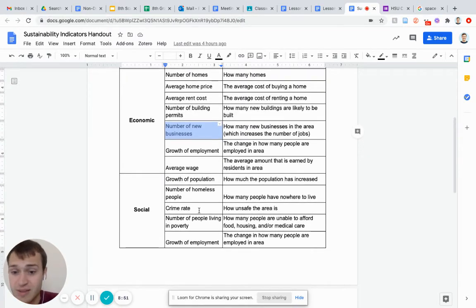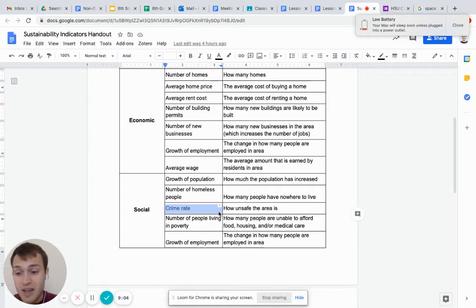People need new businesses. And then some social indicators could be crime rate. So if there's a lot of crime in an area, if it's really unsafe, then that probably means that local society or a bigger society is not very healthy. Or we could say number of homeless people.